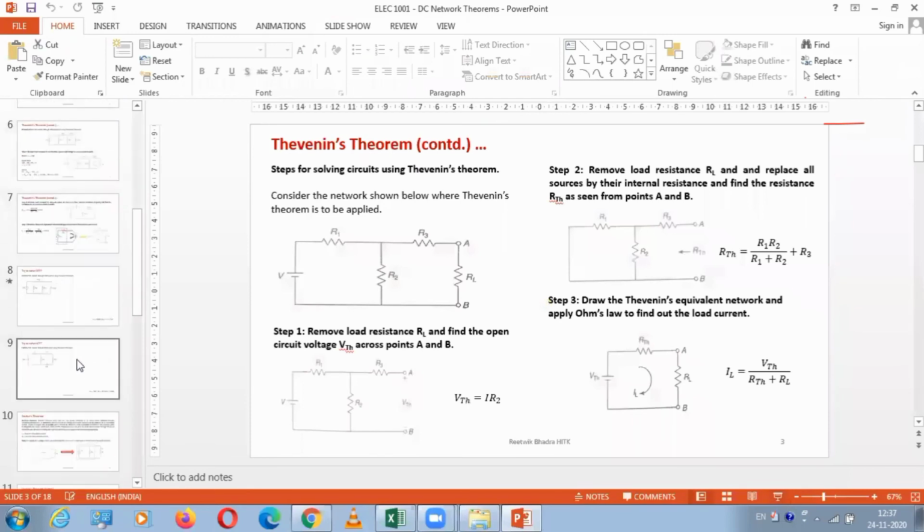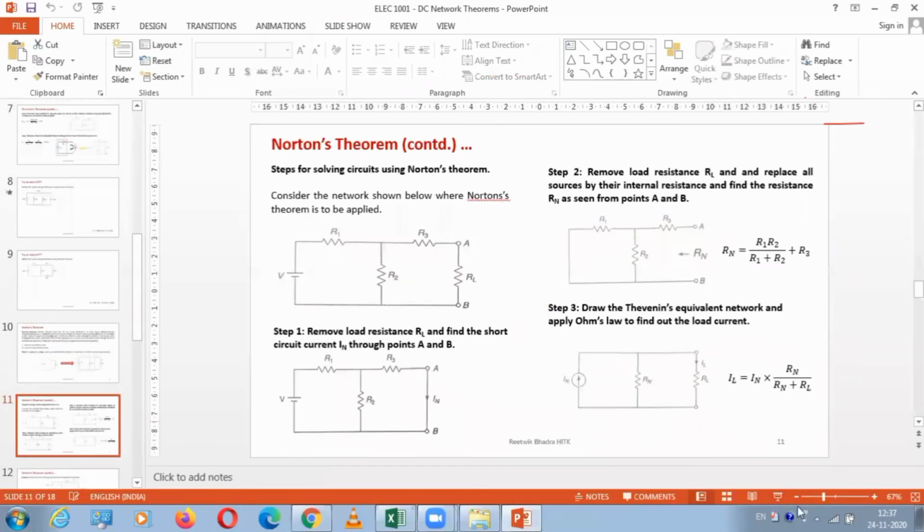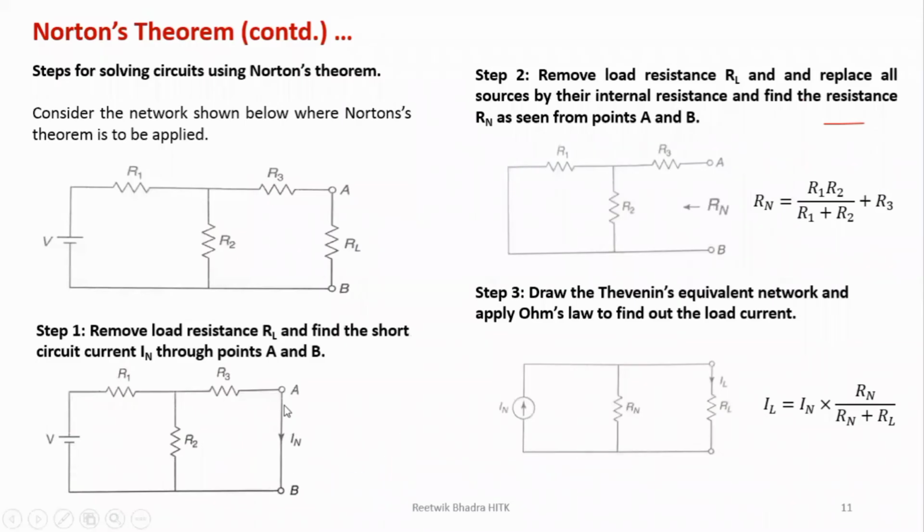So look into this now. I have short circuited it, so between A and B a current will flow. That current is IN. Now this current can be solved by many methods. I have not shown it. You can do series parallel combination: R2, R3 parallel, then R1 in series, find out the total current from V, then apply the current divider rule.